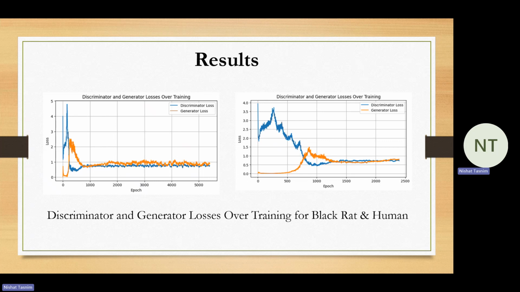Conversely, for the human dataset, the GAN training showed a higher discriminator loss of 1.21 but a lower generator loss of 0.56 after 300 epochs, indicating some challenges in convergence. However, the average test loss of 0.75 for human sequences is comparable to the rat dataset.